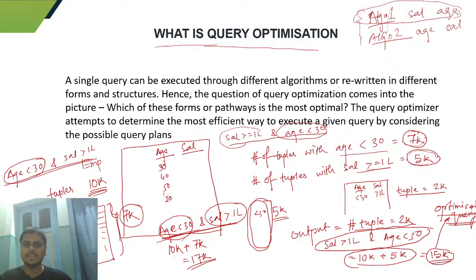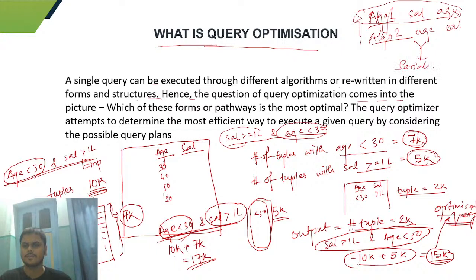So what it is saying here is that a single query can be executed through different algorithms or rewritten in different forms and structures, right? Hence the question of query optimization comes into the picture. And most importantly, both algorithms should give the same result, so both should be serializable.